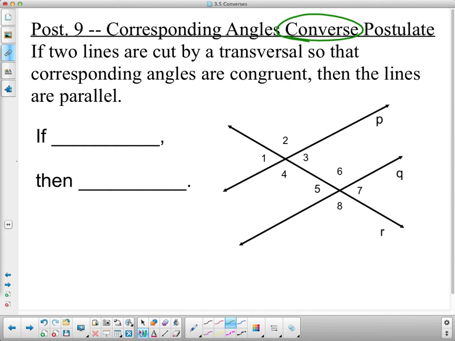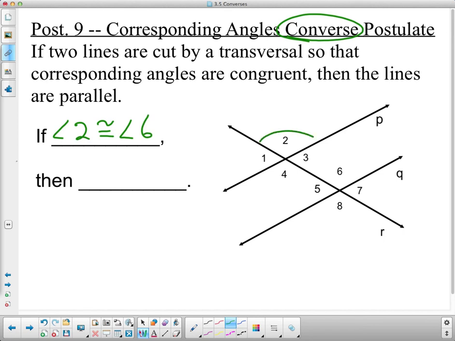So if I gave you that picture, the hypothesis says we need corresponding angles congruent. That would be like angle 2 congruent to angle 6 would be corresponding.